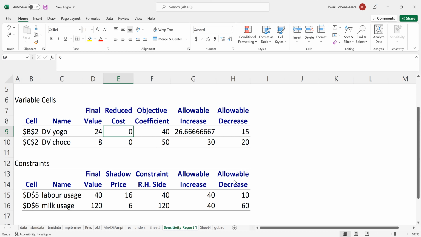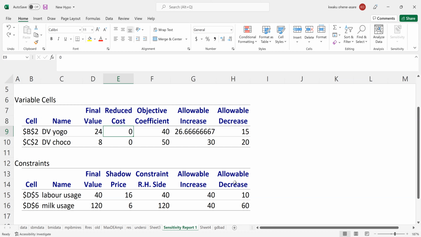In other words, the production of Fan Yogo is useful to me more than anything else because I'm not incurring any opportunity cost. So I should go ahead and do it. But if the opportunity cost value had been, say, -10 or something, which we shall look at next time, what it means is that I am now going to sacrifice. The reduced cost value is going to tell you that you should not produce.